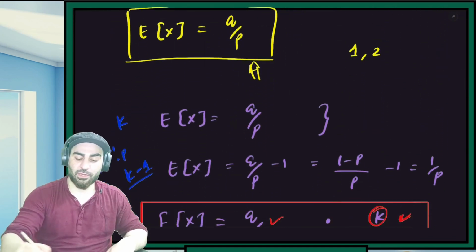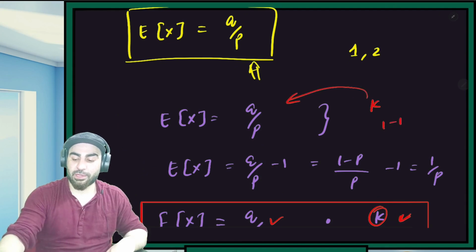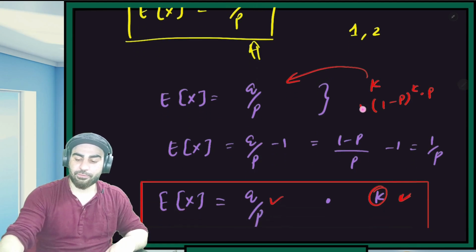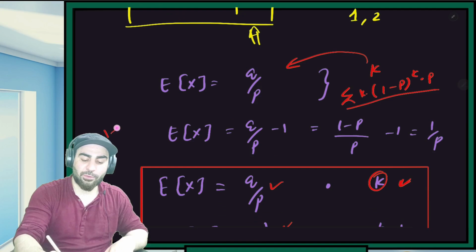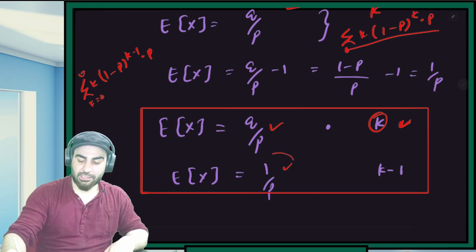For this k you got q by p, as the summation of k times 1 minus p to the k multiplied by p, and for the other formulation we have 1 minus p to the k minus 1 times p, with k summation going from 0 to infinity. So we got the formulation.